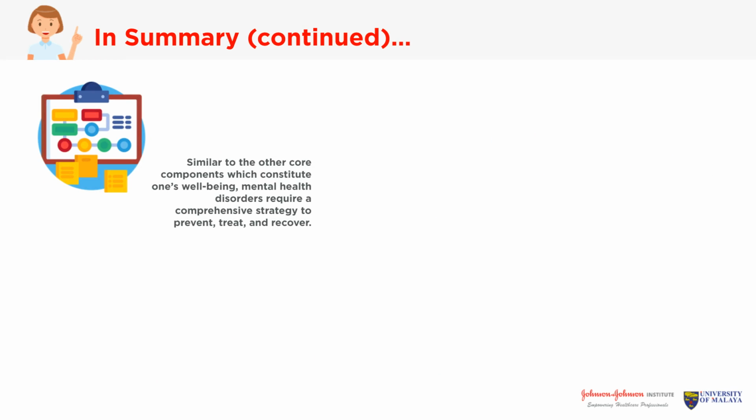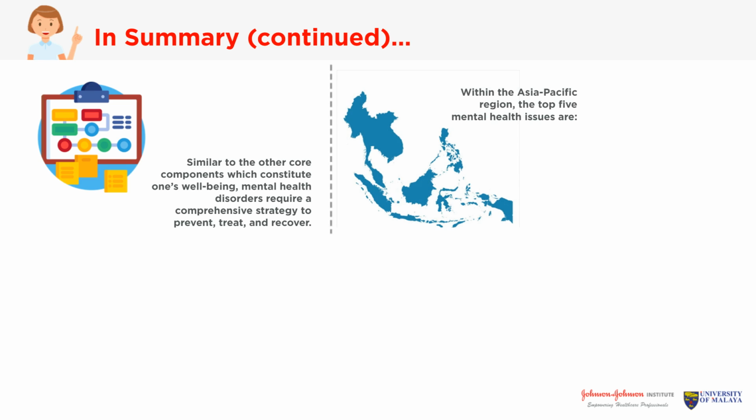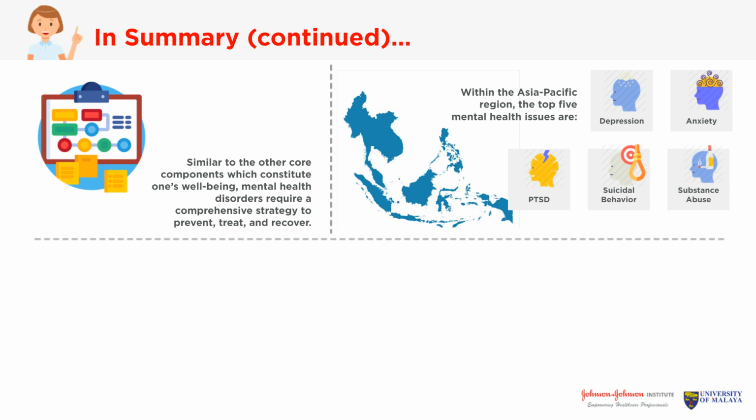Similar to the other core components which constitute one's well-being, mental health disorders require a comprehensive strategy to prevent, treat and recover. Within the Asia-Pacific region, the top 5 mental health issues are depression, anxiety, post-traumatic stress disorder, PTSD, suicidal behaviour and substance abuse disorder.